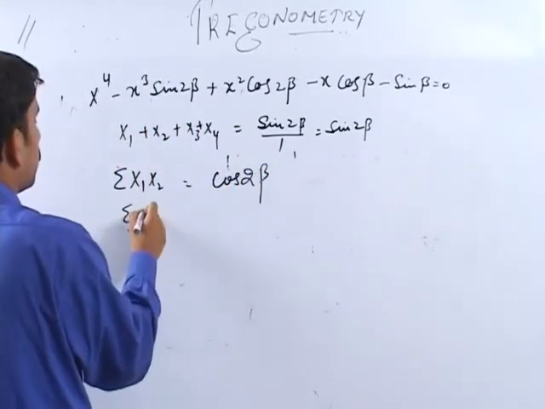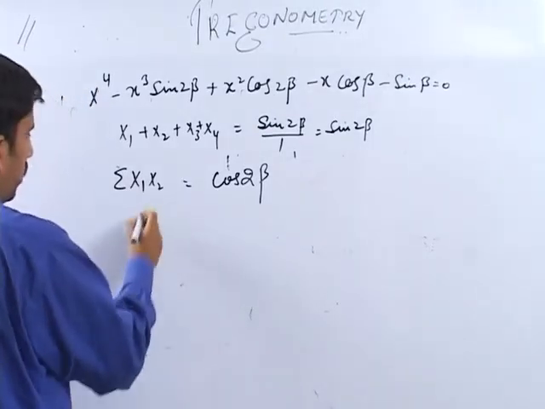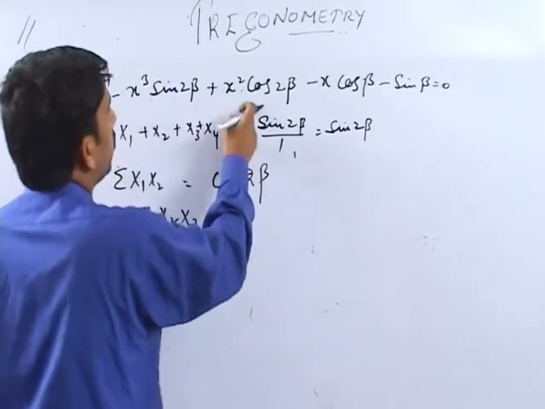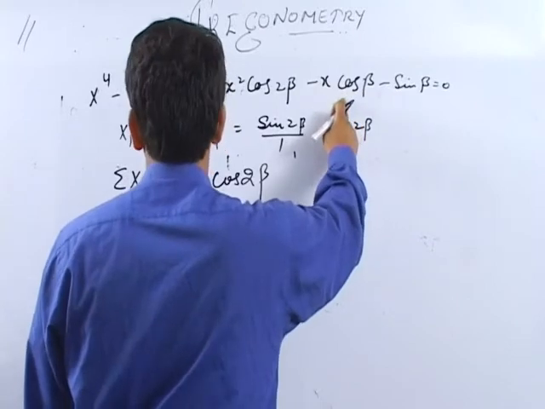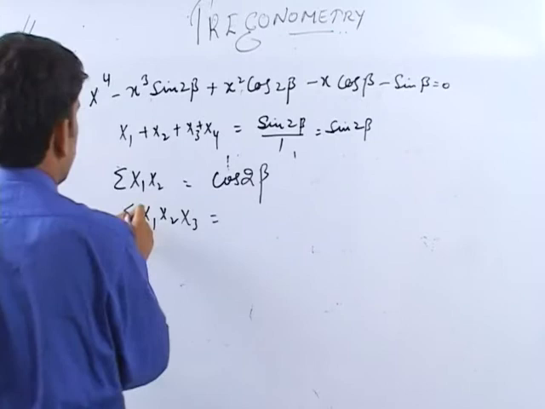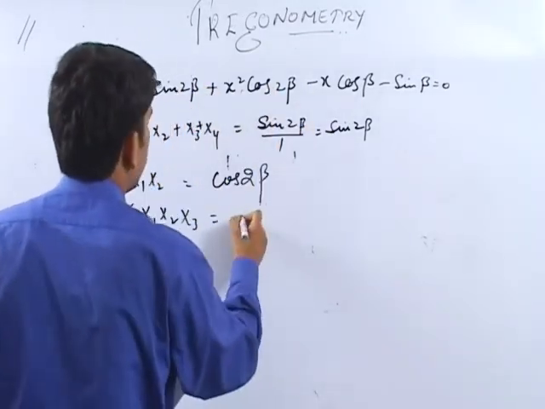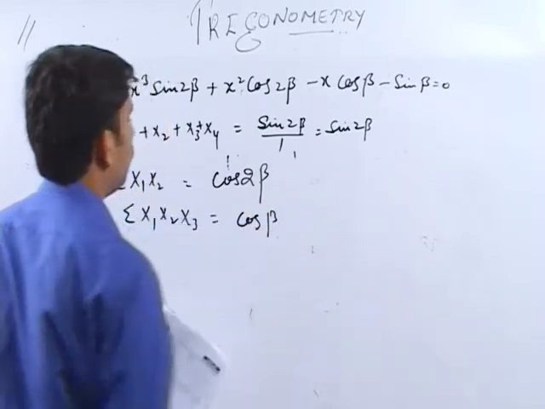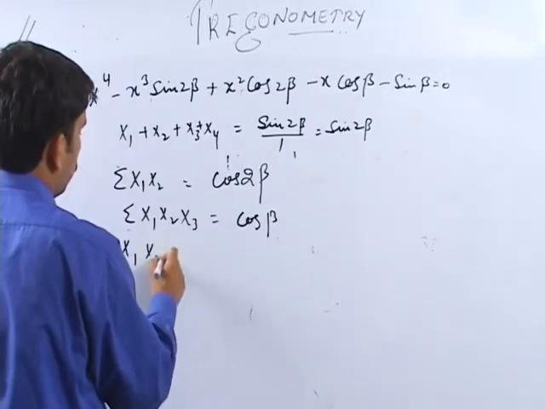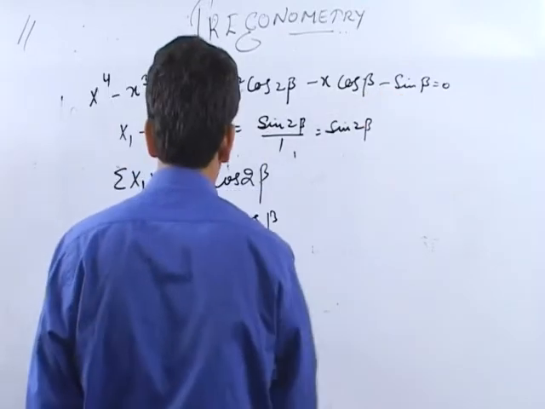Then the summation of x1 x2 x3, the roots taken 3 at a time, with signs plus minus plus minus, will be equal to cos of beta. And lastly x1 x2 x3 x4, with signs plus minus plus minus plus, will be equal to sin of beta.